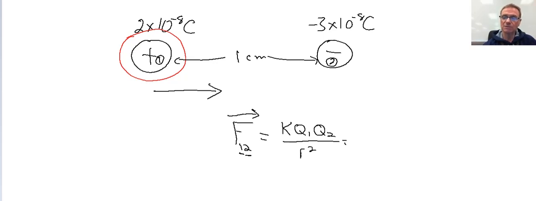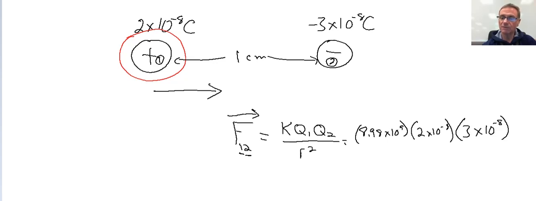K is Coulomb's constant, 8.98 times 10 to the 9th. We're going to leave the units out so I can fit all this on the screen. Times Q1, which is 2 times 10 to the minus 8th coulombs, times 3 times 10 to the minus 8th coulombs, divided by the distance squared, and the distance is 1 centimeter. Don't forget to change that to meters.